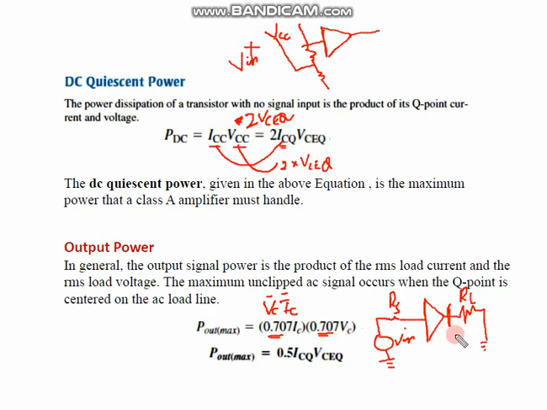Remember, this output power is your AC power, and the other power is your DC power. You put the values at the Q point, ICQ and VCQ. And 0.707 times 0.707 becomes about 0.5, so the 0.5 comes from the product of these two RMS quantities.